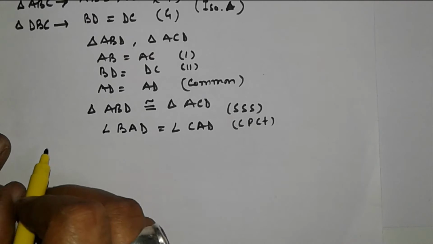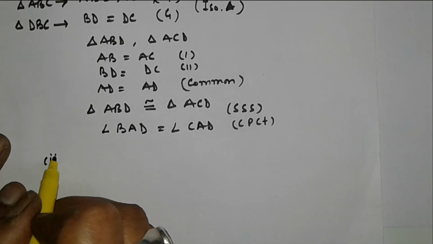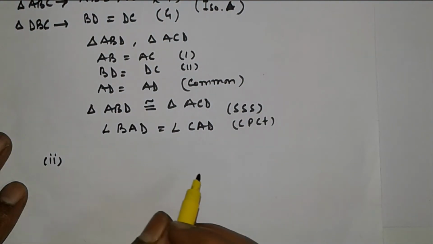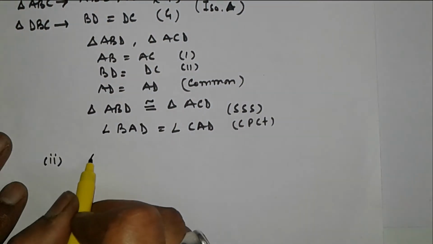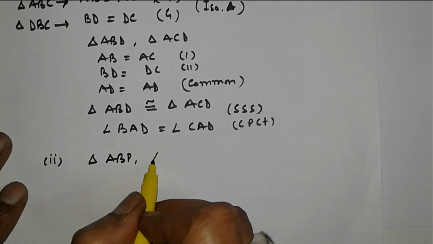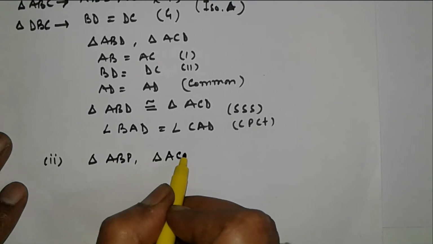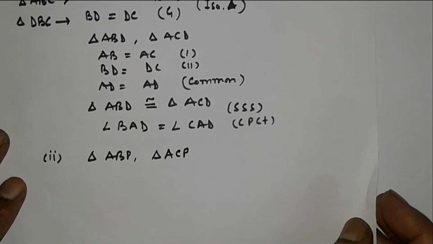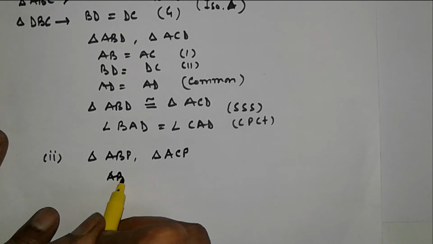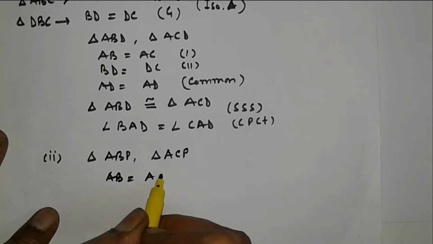In the second part we have to prove that BP is equal to PC and angle BPA is equal to angle CPA. So we have to take triangle ABP and triangle ACP. In these triangles, first we can write AB is equal to AC, it is given.